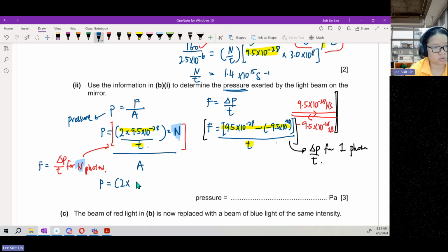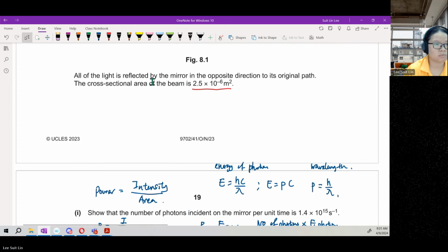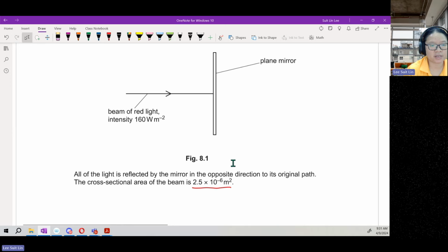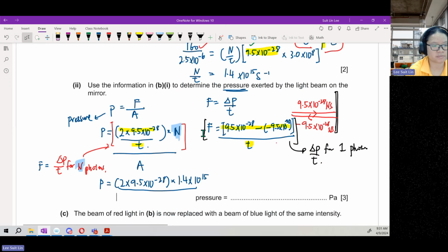This will be 2 times 9.5 times 10 to the power negative 28 times n over t. N over t is 1.4 times 10 to the power of 15 divided by the area. The area is 2.5 times 10 to the power of negative 6. So if you press your calculator, you will get 1.1 times 10 to the power of negative 6.